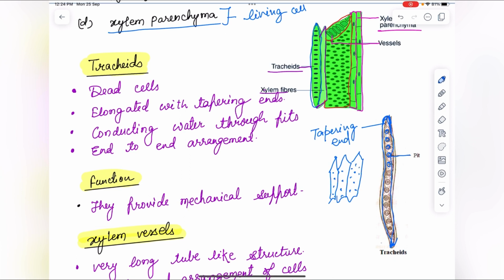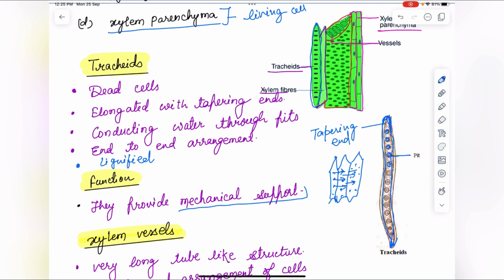These are the tracheids, dead cells, and they are lignified. Water goes through the pits present in the tracheids. Their function is to provide mechanical support. The tracheids do not have open ends like the vessels, so the water has to pass from cell to cell via these pits.